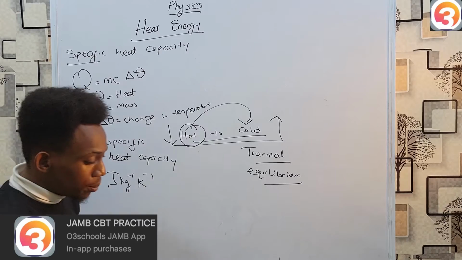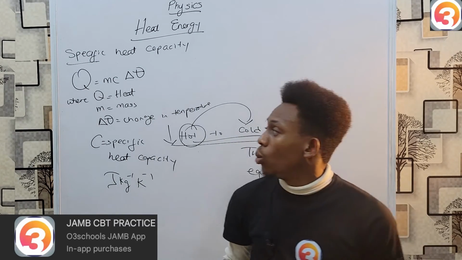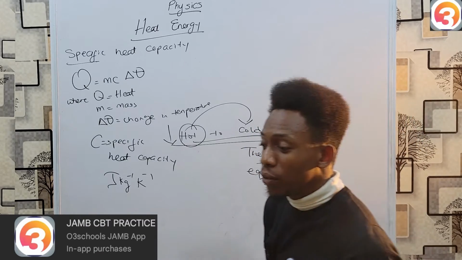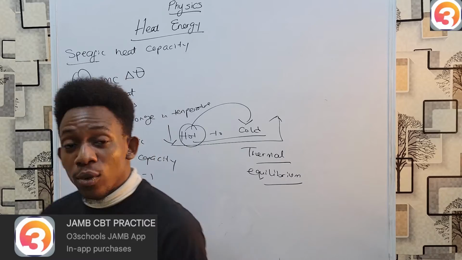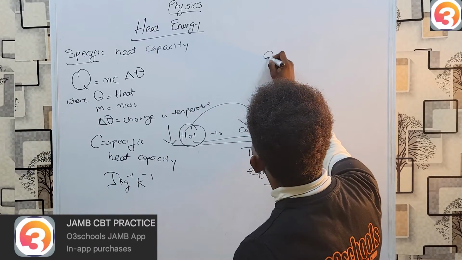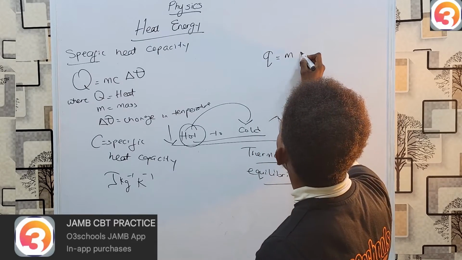Like I said at the beginning, if there is going to be a specific, there will be a general. And in this case, our general is simply called heat capacity, which refers to the change in temperature for the entire body. That's quantified by saying heat capacity, small q, equals mc.